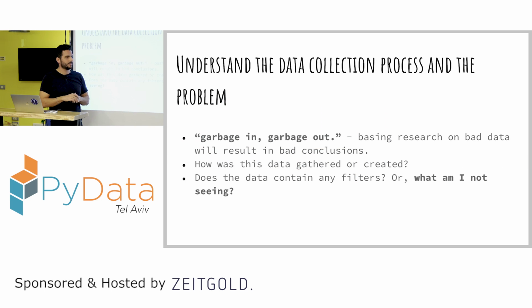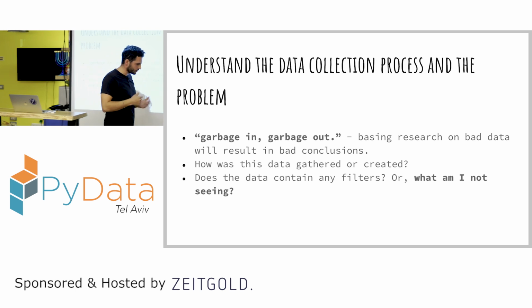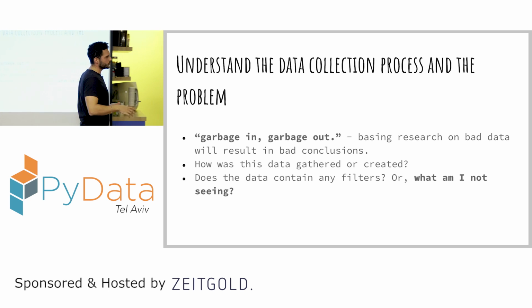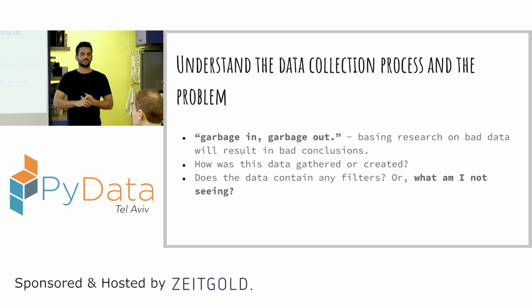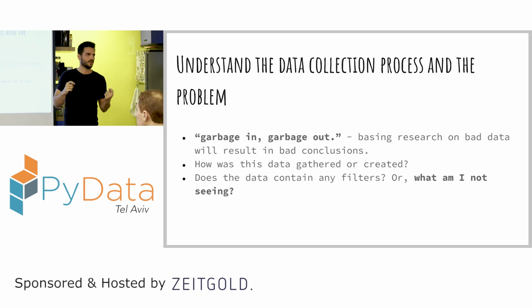So let's talk a bit about data collection and how important that is. There's a saying in the machine learning world: garbage in, garbage out. And it couldn't be any more true. Think of a model as an entity that only views the world through the data it's given, right?